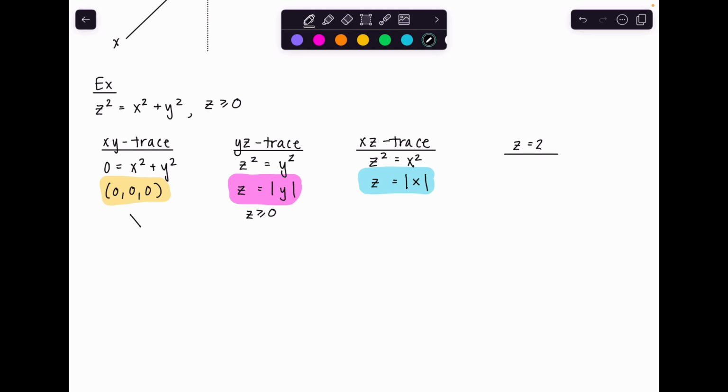If I pick z to be 2, that gives me 2 squared is x squared plus y squared. This is just a circle of radius 2. If you pick z to be 1, it would be 1 squared equals x squared plus y squared, a circle of radius 1. If I pick z to be 4, it's 4 squared equals x squared plus y squared.